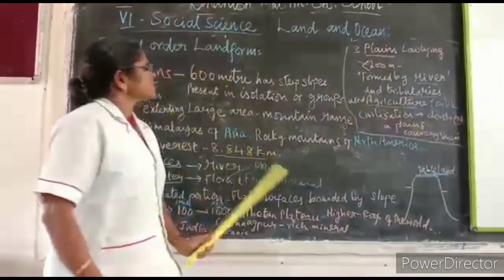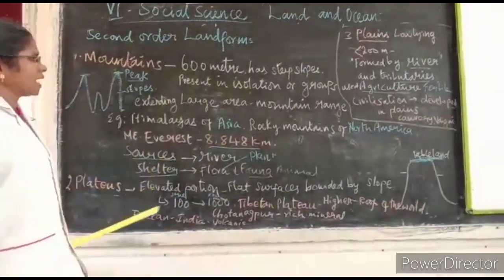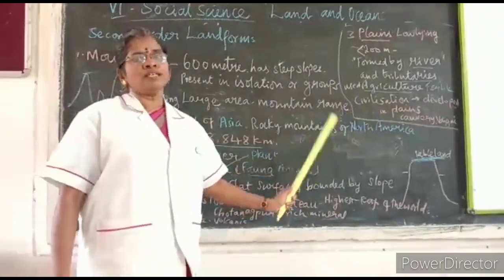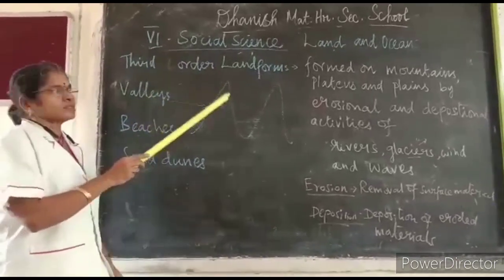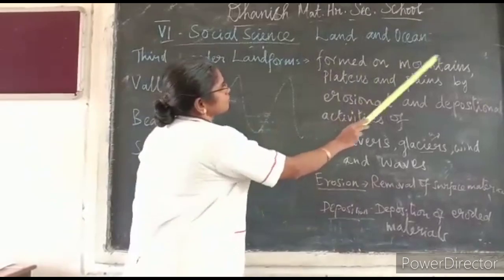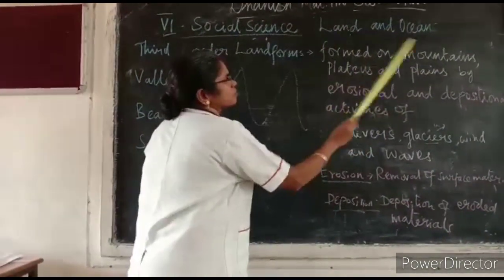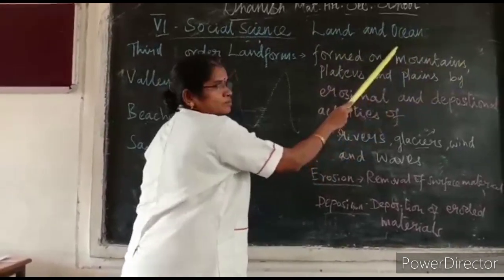So all of these come under second order landforms: mountains, plateaus, and plains. Next we will see the third order landforms. Third order landforms are formed on mountains, plateaus, and plains. What are mountains, plateaus, and plains? These are all second order landforms.